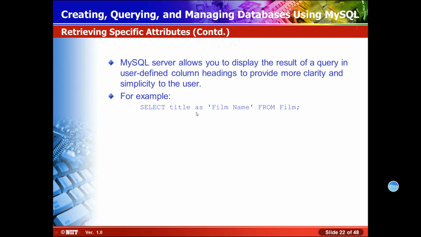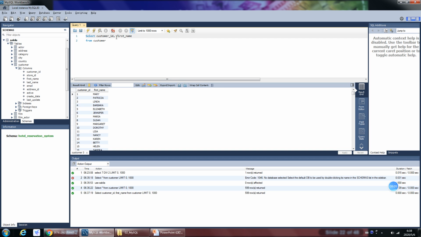You can do that by using select title as, and then single quotes open and close, and the name of the column which you want to display, you can put it over here. So for this first name I want to display as customer first name.